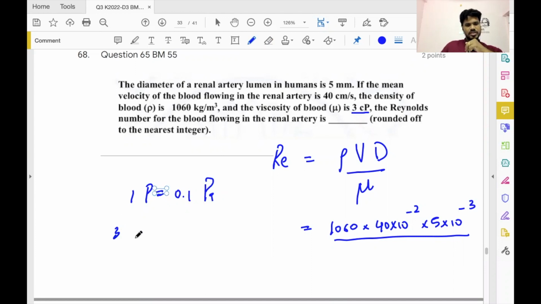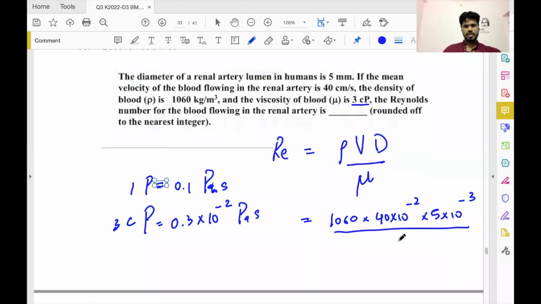So 3 centipoise is 0.3 into 10 power minus 2. It should be viscosity in Pascal seconds. So this should be 0.3 into 10 power minus 2 Pascal second.